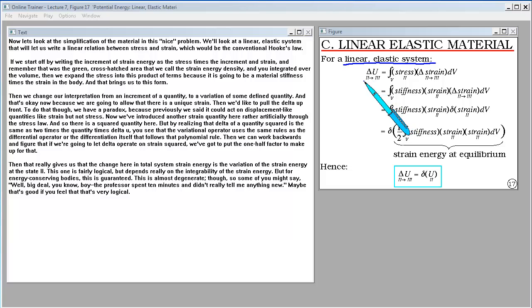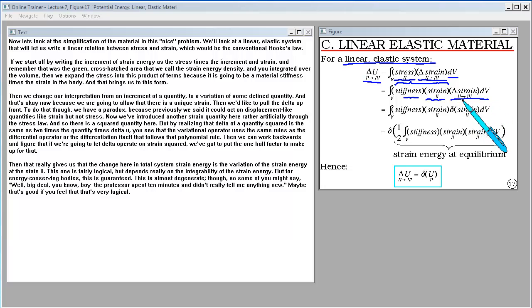If we start out by writing the increment of strain energy as the stress times the increment in strain, and remember that was a green cross-hatched area that we call the strain energy density, and you integrate it over the volume, then we expand the stress into this product of terms because it's going to be a material stiffness times the strain in the body. And that brings us to this form.